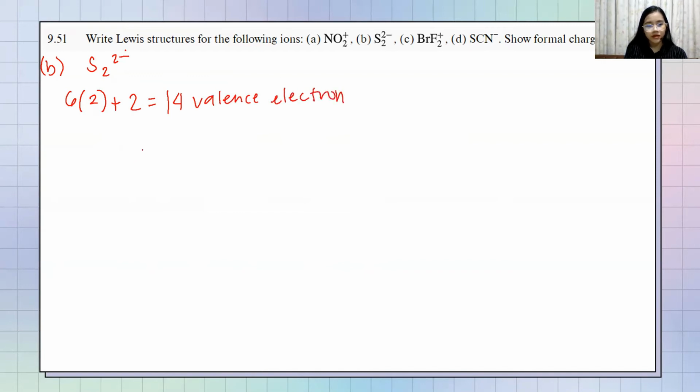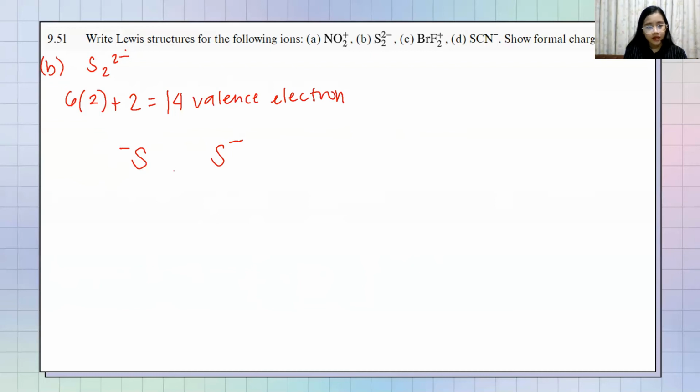So here you can draw the structure S. As you can see, since we have 2 negative charge, we can put S here, S negative, S negative.